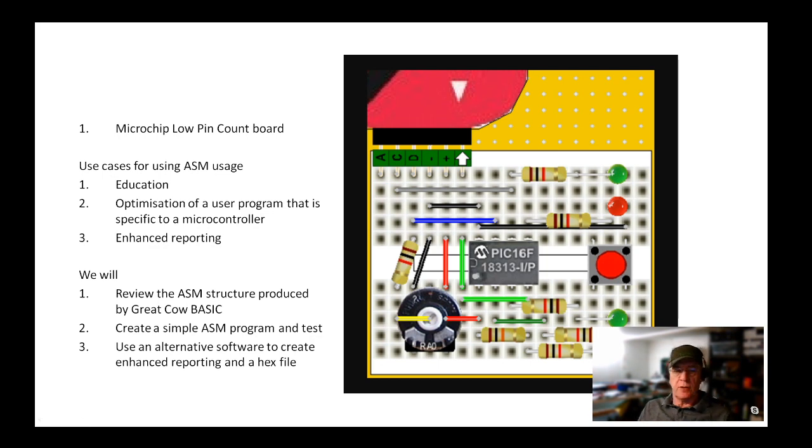So why would you want to do this ASM thing? Okay, so one is for education. You might be doing an education program where you need to look at how assembler works. You might be optimizing code for a specific microcontroller.